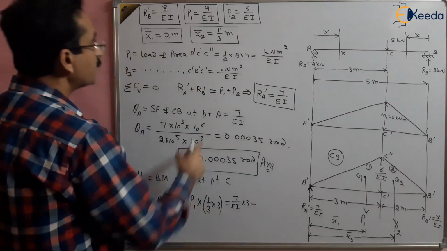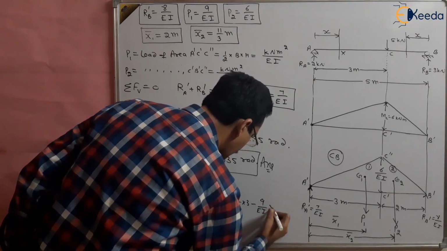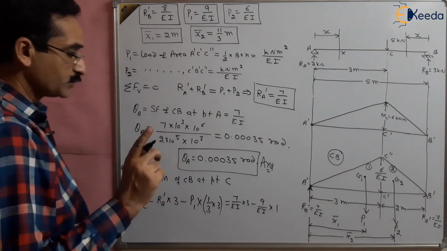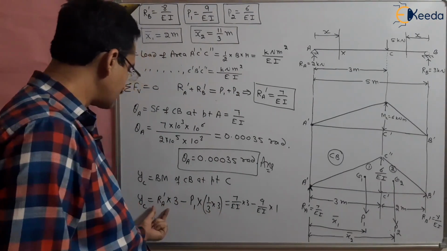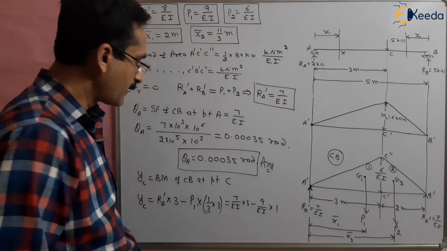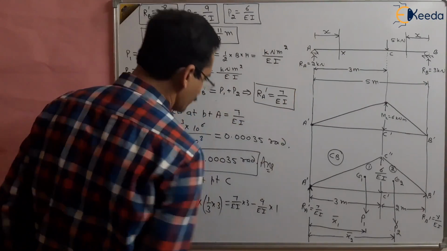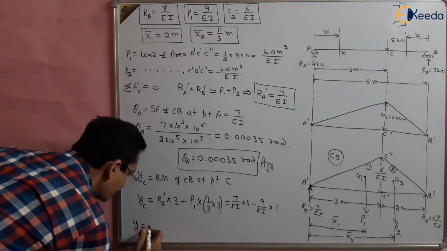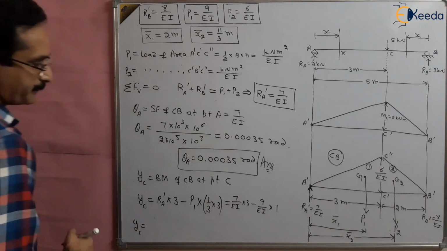minus P1. P1 is known to us, 9 by EI, multiplied by this 1, right? Keep the unit in mind: we have multiplied by meter again, so the kilonewton meter square is again multiplied by meter, so the upper unit is now kilonewton meter cube. So YC will be equal to 21 minus 9 by EI.